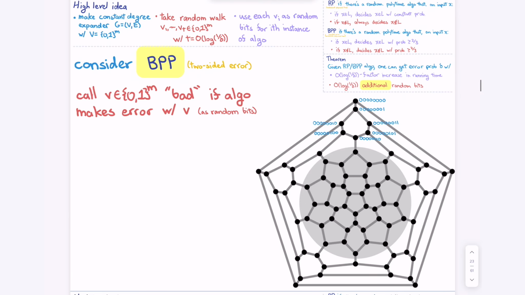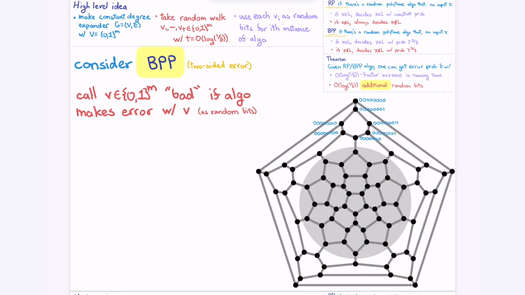Okay, that's one. Now for BPP, we again have good vertices and bad vertices, right? And how would I characterize success or failure in our amplification algorithm? I think we're promised that the bad set is smaller than the good, because there's this 1/3 error.